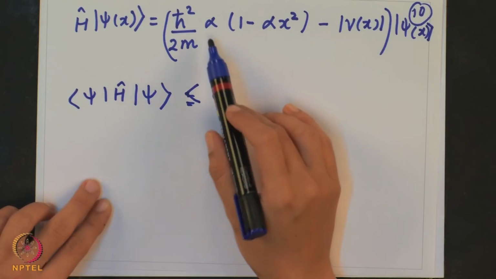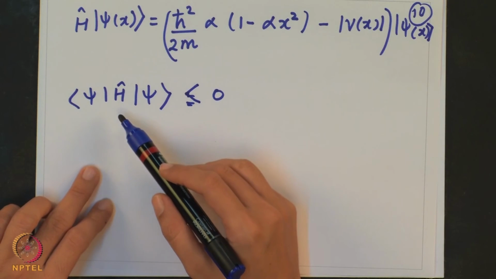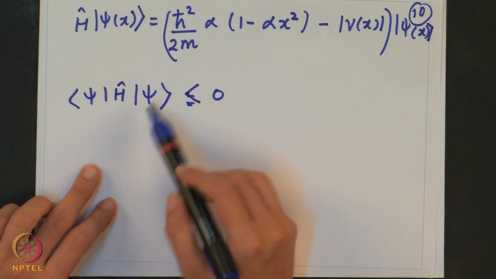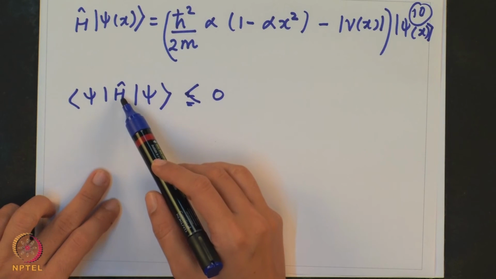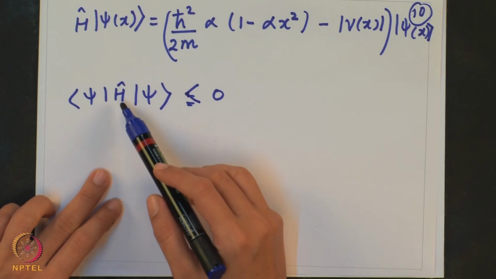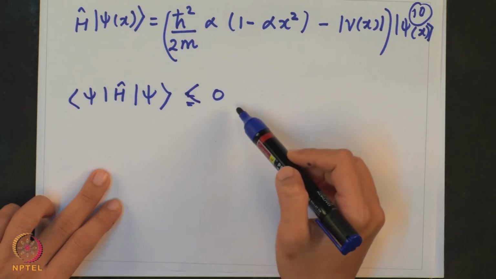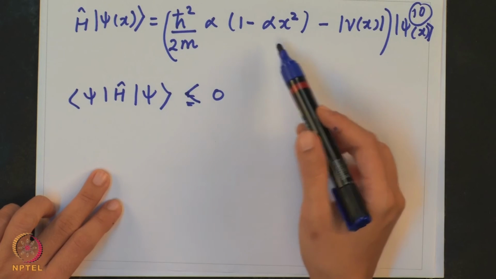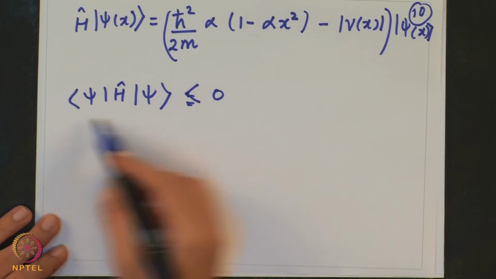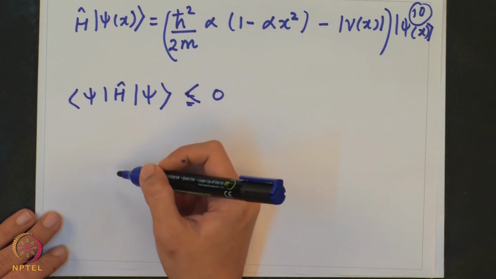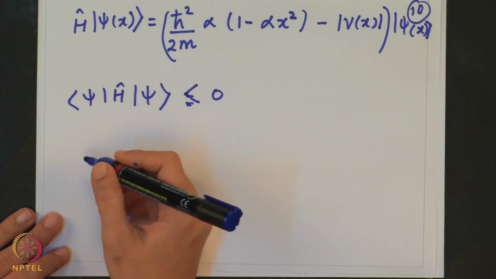So, what will be the condition on alpha such that when I calculate the expectation value, it gives me a bound state, that is, negative energy? If E is less than 0, what will be the condition on alpha such that I get at least one bound state?